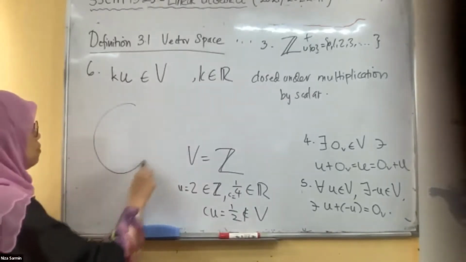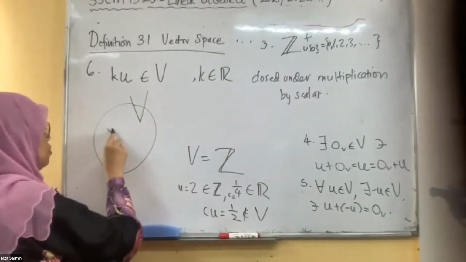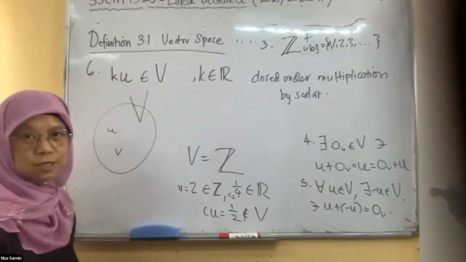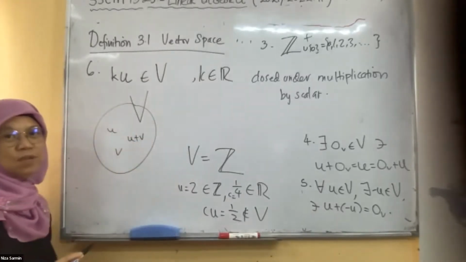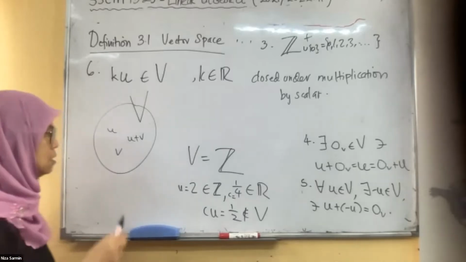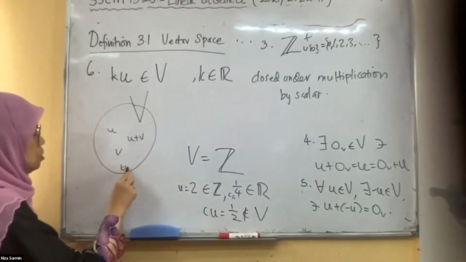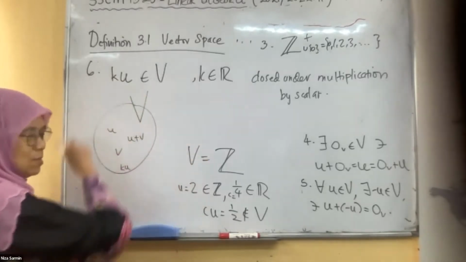If you have u, v in here, u plus v also has to be in there to be closed under addition. And ku or cu has to be also inside, cannot go out.